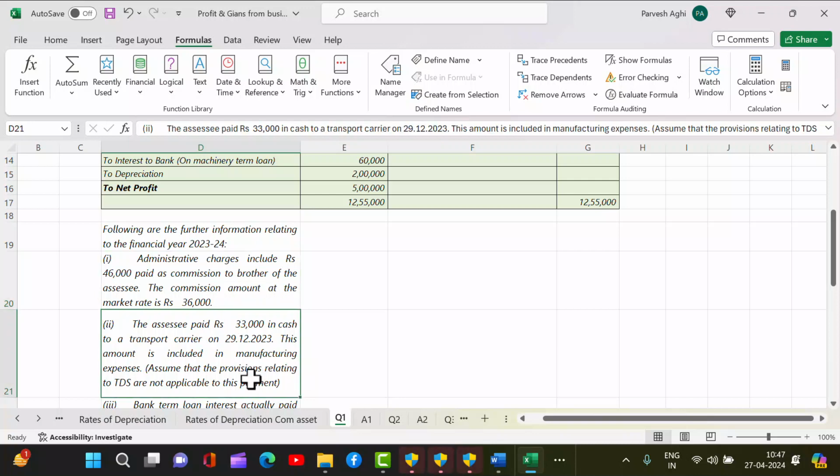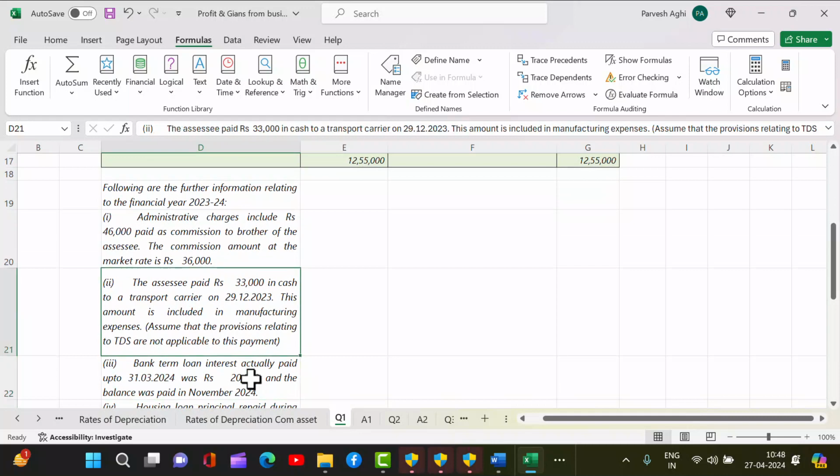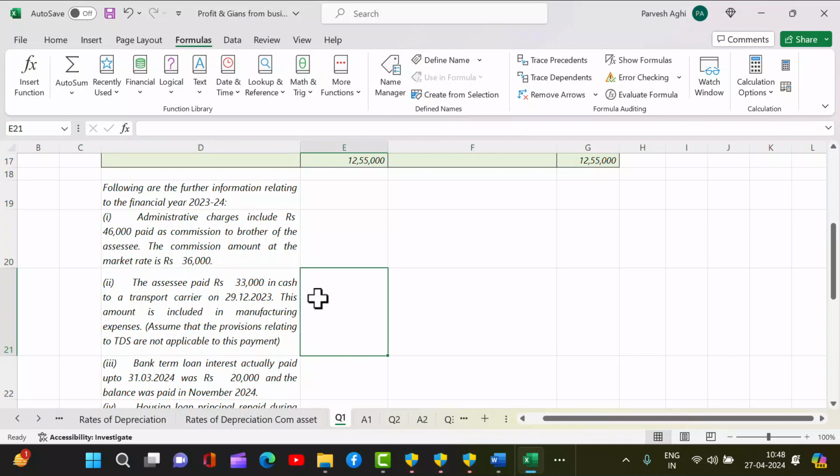Then read this. The SSC paid rupees 33,000 in cash to Transport Courier on 29th December 23. This amount is included in manufacturing expenses. Now, we know that the rule is that anything paid above 10,000 is disallowed. But in case of a transport courier, the limit is 35,000.